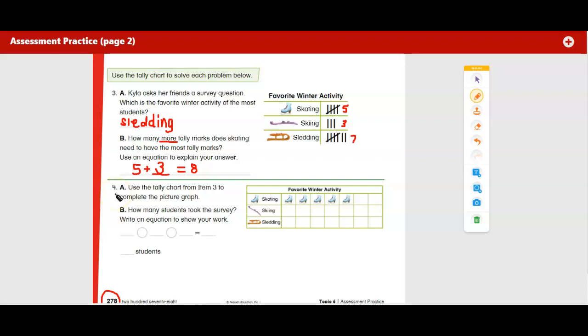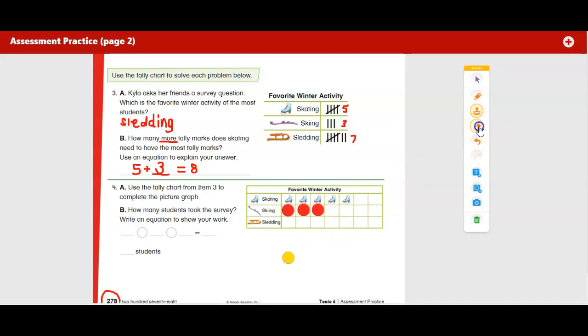For part 4A, it wanted us to use the tally chart to complete the picture graph. Our picture graph already had the total number of skating, so now we will fill in skiing. Skiing had 3 votes, so we will fill in 1, 2, 3, and you can use X's or circles or whichever you would like.